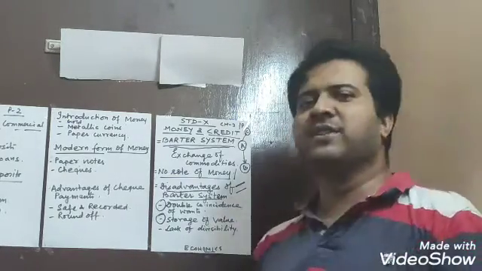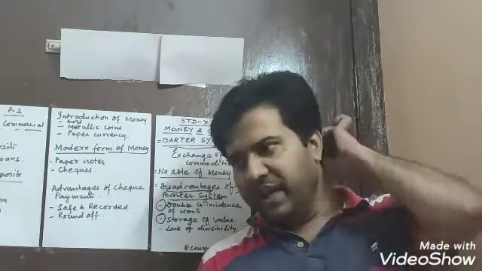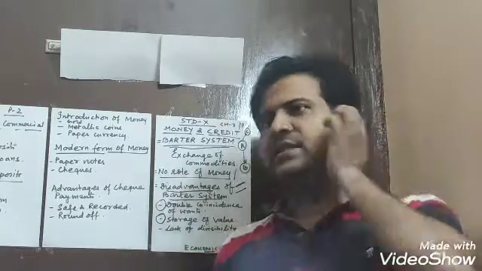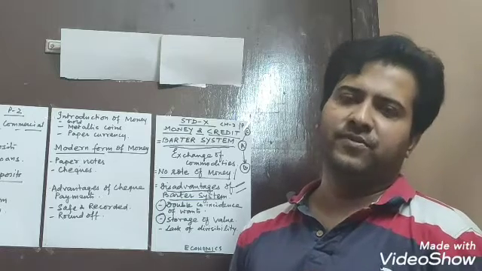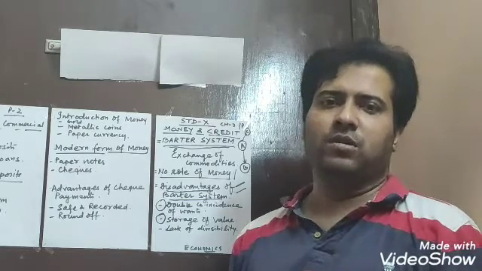Third is the lack of divisibility. In many cases, it was seen that certain commodities were very difficult to get divided. For example, a goat.